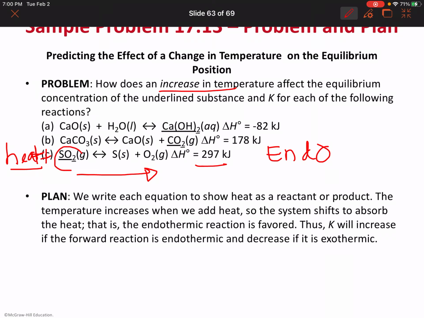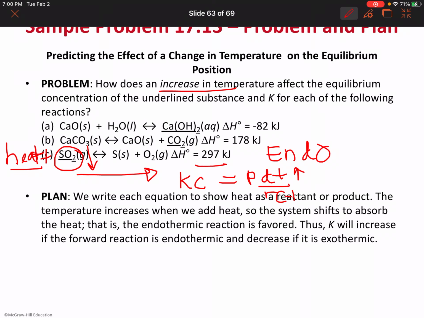So then what happened to SO2? Sulfur dioxide will decrease, right? Because if it is moving towards making more of the products, the reactant should be used up. So the sulfur dioxide concentration will decrease. What happened to the Kc? If the reaction is moving in the forward direction, your product concentrations will increase, right?